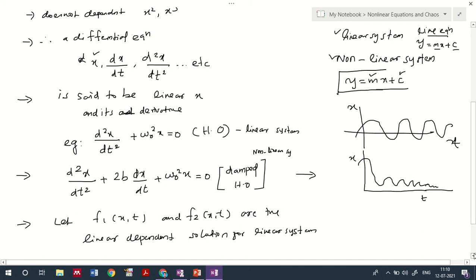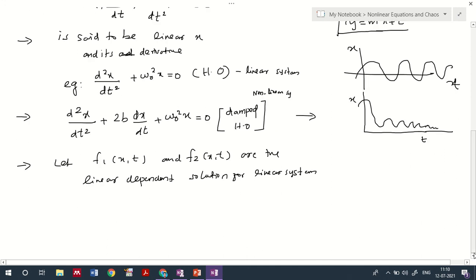Then we can also say that c1 f1(x(t)) and c2 f2(x(t)) is also a solution corresponding to a linear system, okay.